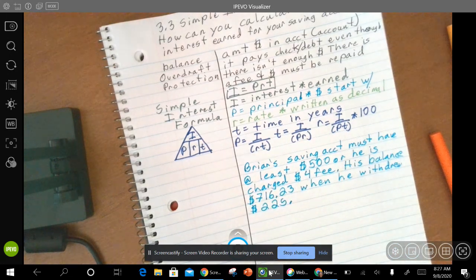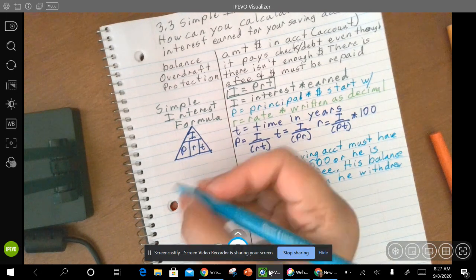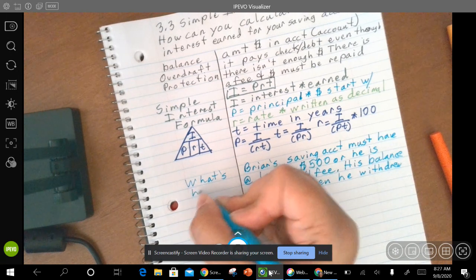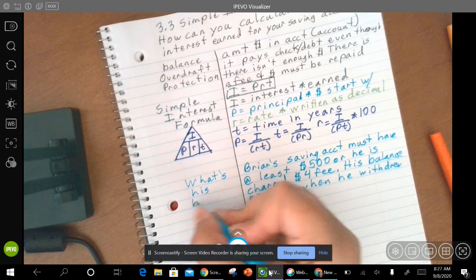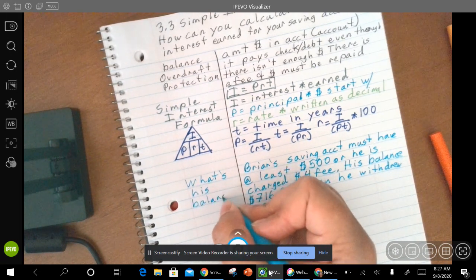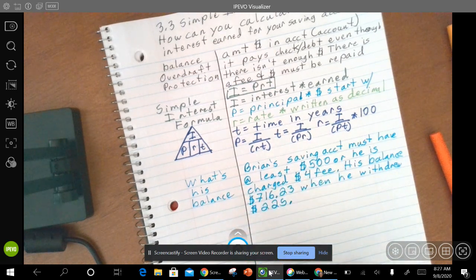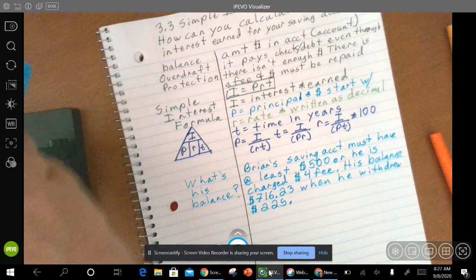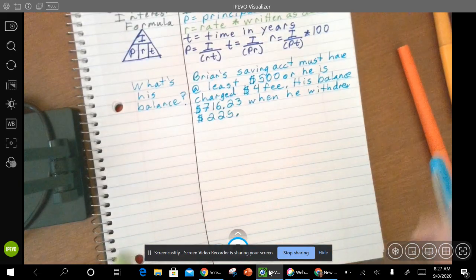What we want to know is what's his balance? How much money does he have?